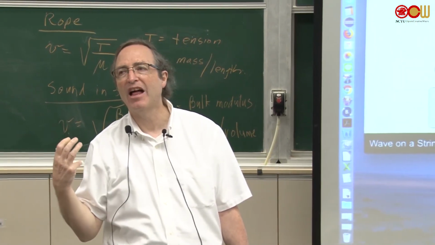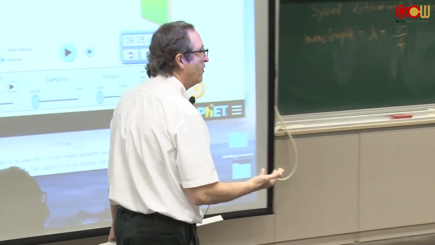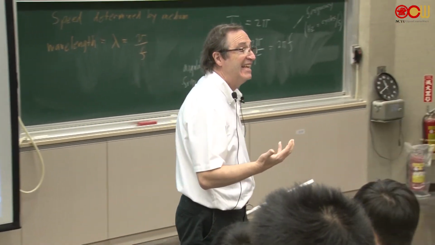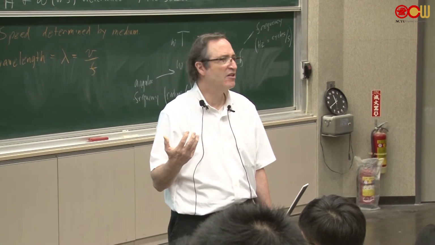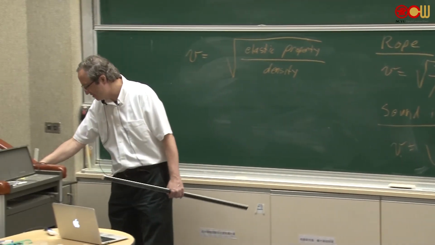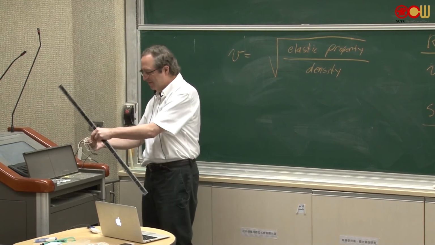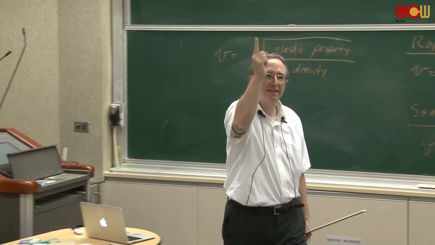We can also have longitudinal waves. The best example of that for you to see is a slinky. Everybody know what a slinky is? It kind of looks a little like this. You know, it's like curled up, like curls.